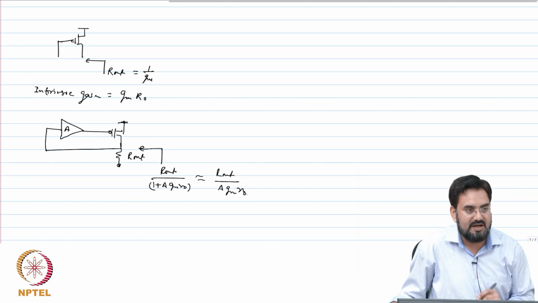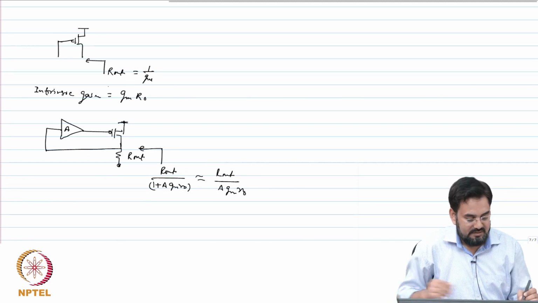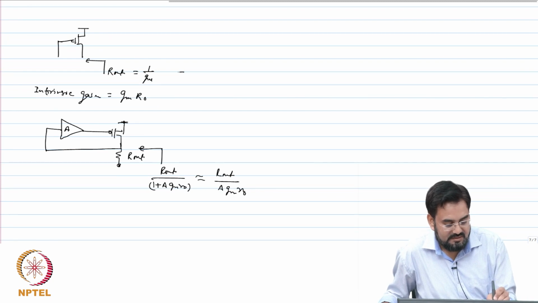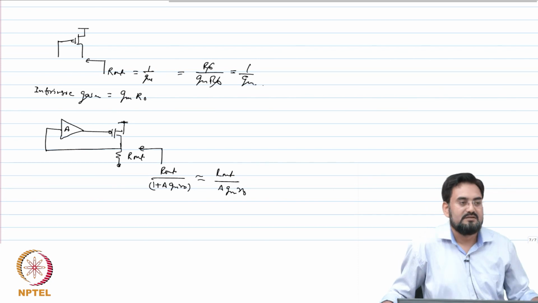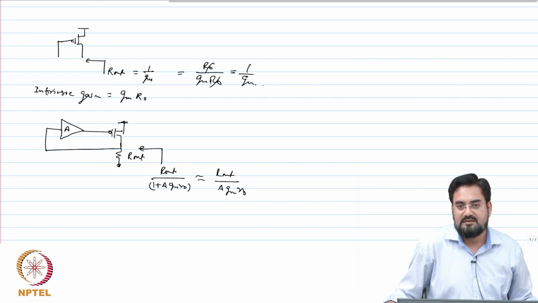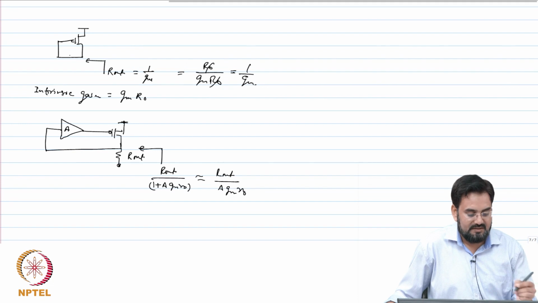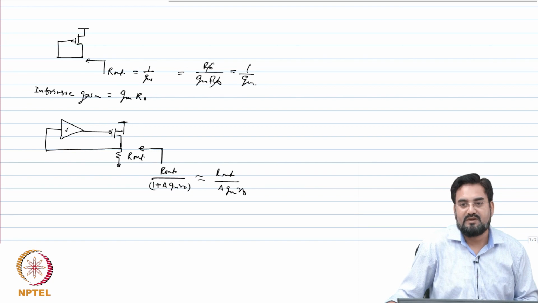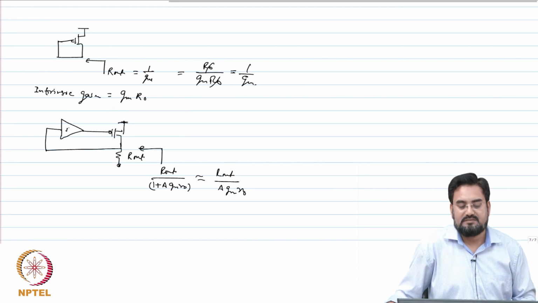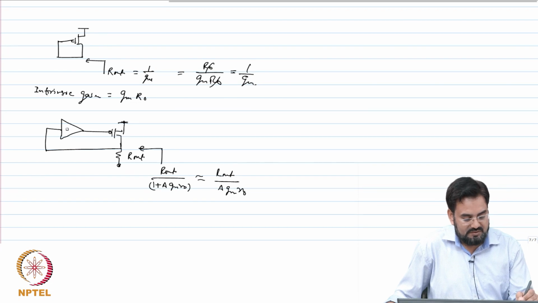Intrinsic gain is Gm R out, so R out divided by Gm R out, that gets cancelled out. Because you have a feedback, and this feedback is a unity gain feedback. So if this A becomes 1, you will get 1 over Gm. Okay. So, that is what is happening here.